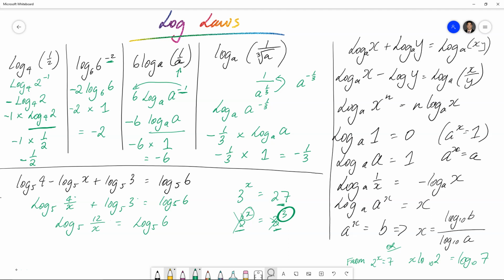Same thing with this stage, because the bases are the same and we're working on an equation, we could ignore the logs and say that 12 over x is equal to 6. This part here should equal this part here.